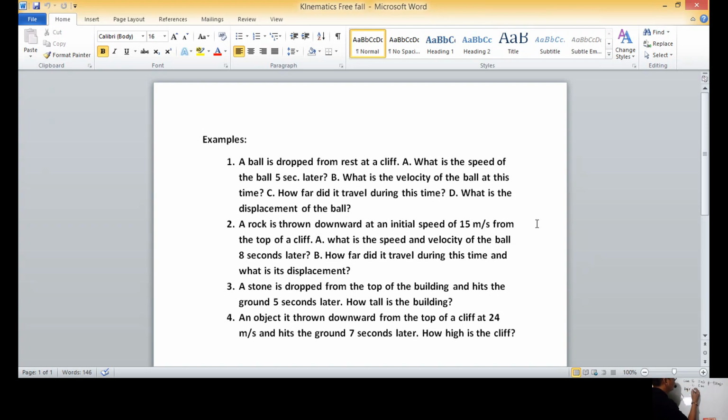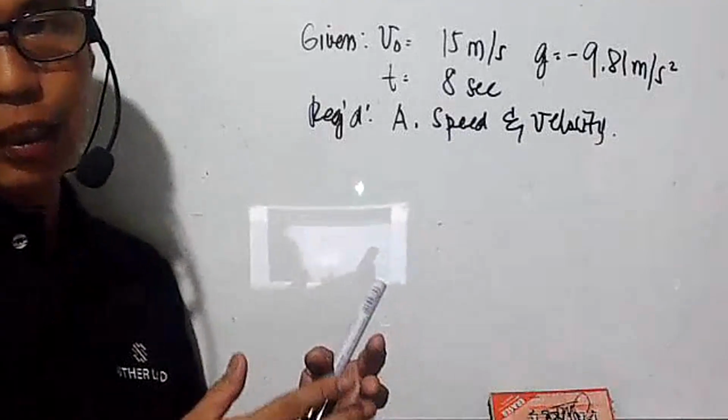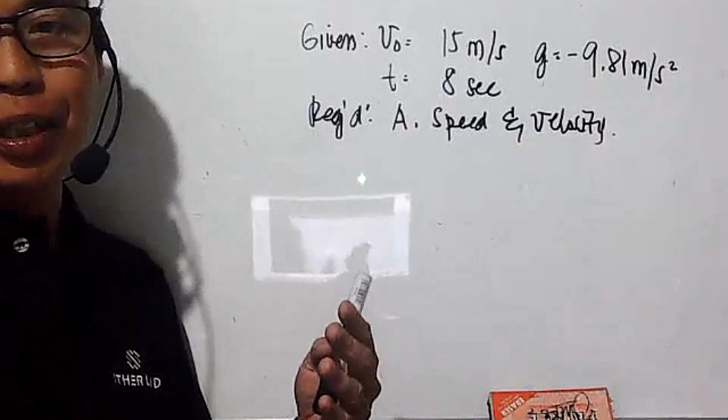Okay, for A, it is the speed and velocity. So let's try to solve this one. I'll remove the share tray so you could understand and see it better. Given yung initial velocity, it is 15 meters per second.